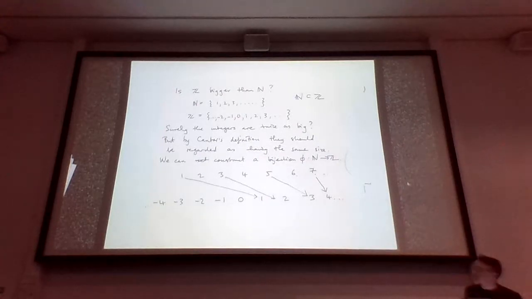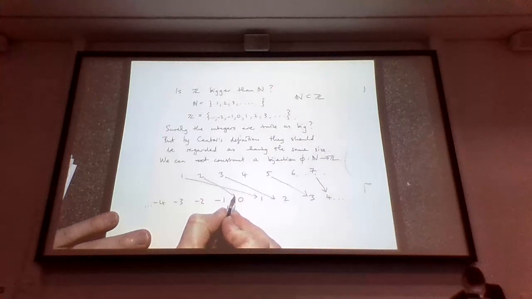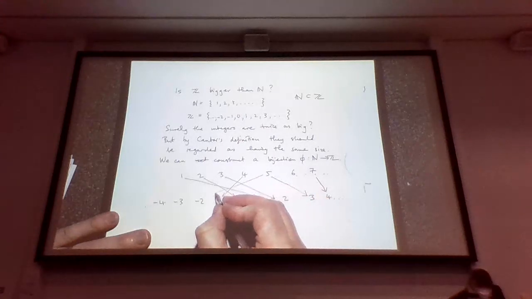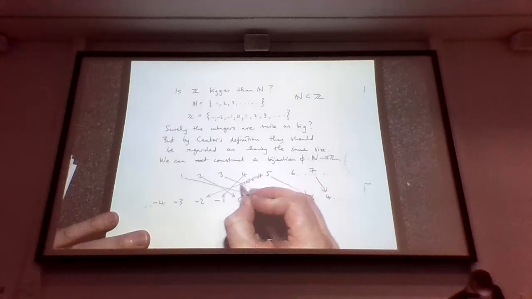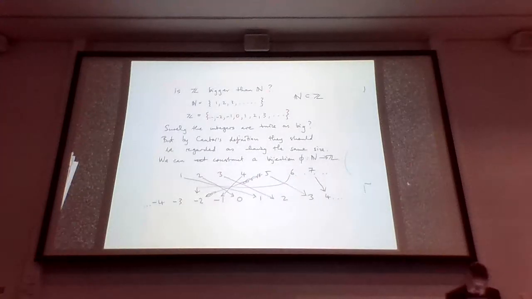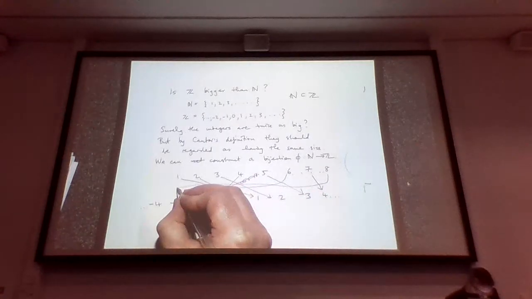Okay, we continue doing that. So these red arrows I've drawn in will map to all of the positive integers. But the beauty is we've got a load of natural numbers left over, which we can use to map to the remaining numbers. So 2 can go to 0, 4 can go to -1, 6 can go to -2. 7 is used up. 8 is still available. 8 can go to -3, etc.